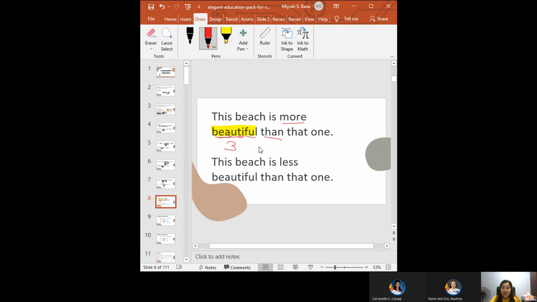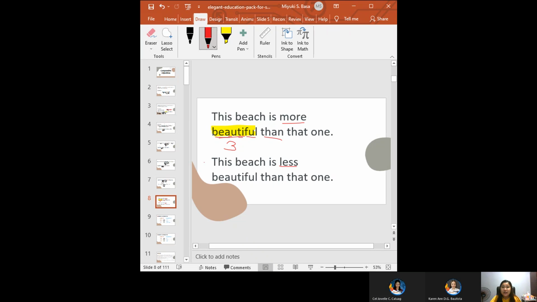Okay, you understand? Yes po. Okay, thank you for responding. And in the second sentence, the same goes, but in here, we use the word less to give the opposite meaning. Are we clear with that? Yes po, ma'am.